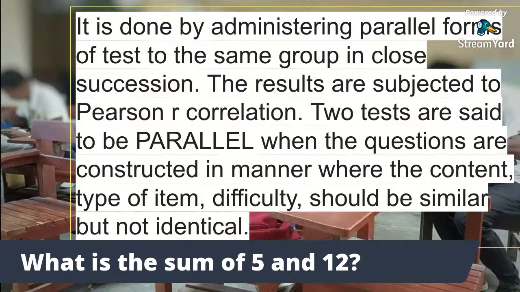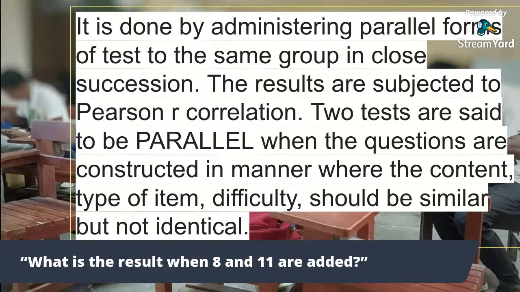So if I make a parallel question for the other group, I could change that into a different item that still measures the same skill, which is adding whole numbers. So what is the result when 8 and 11 are added? So see, two different questions, but the same skills being measured, and the same level of difficulty. So these two questions are said to be parallel.